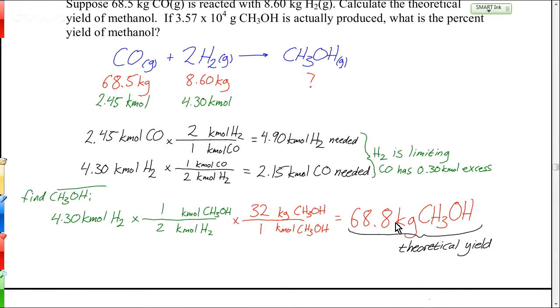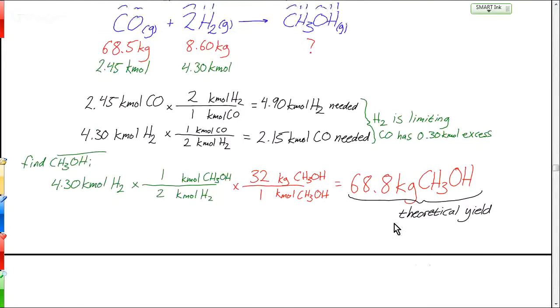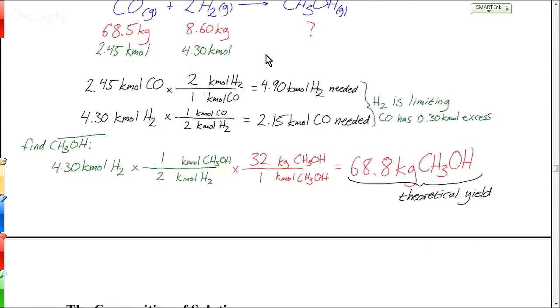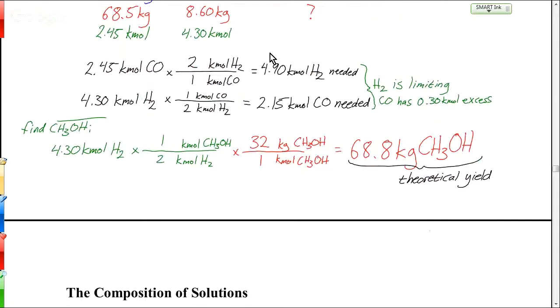So if instead of 68.8 kilograms, we actually make, what was that, 35.7 kilograms, what is the percent yield? Percent yield is the actual over the theoretical times 100%.